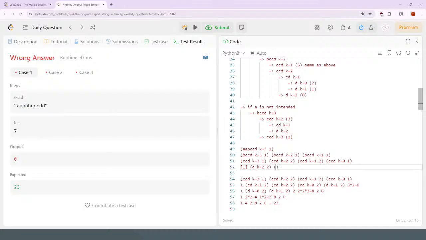Third one kept the same, removing the C's, dk equals 1. Last one, keep the same. I should just say that the answer is going to be something here. That one should be just 3 times 2 is 6.